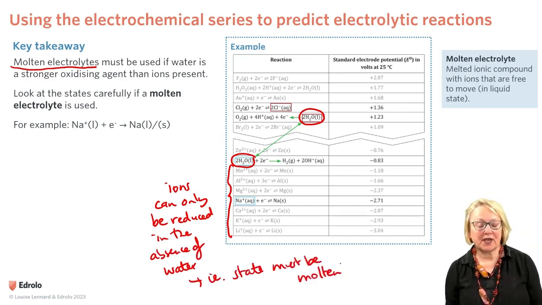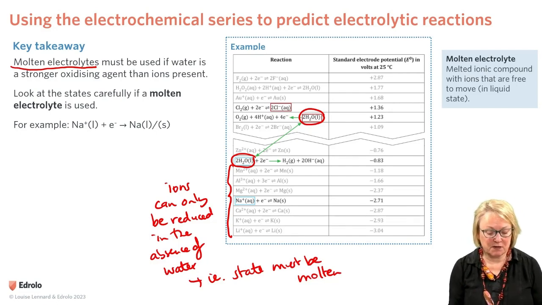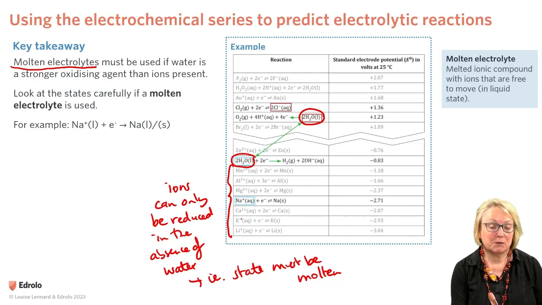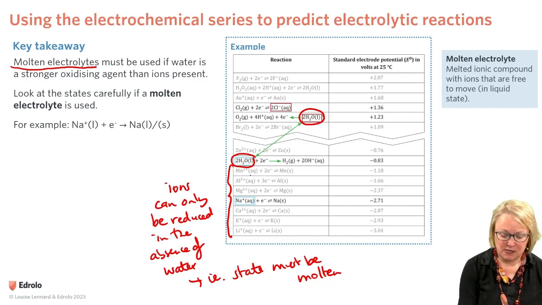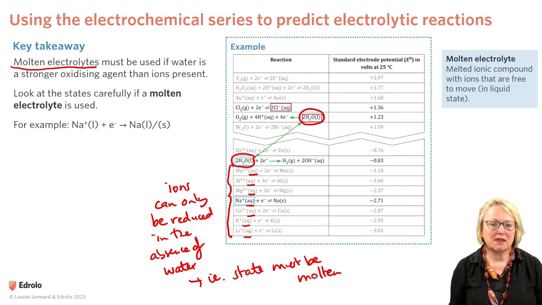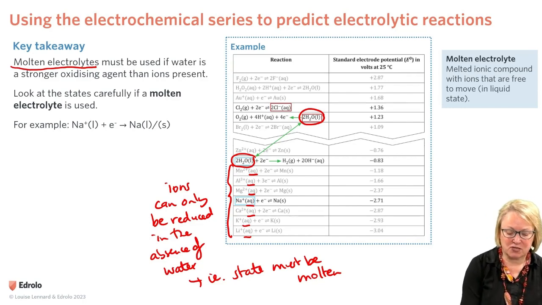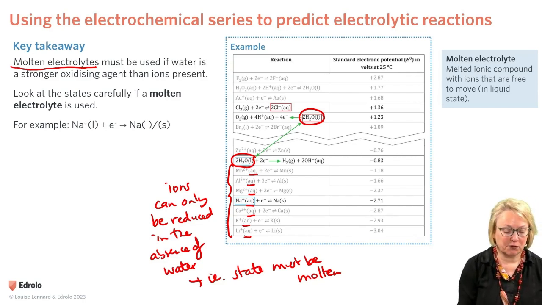That's because water is a stronger oxidizing agent than manganese, aluminium, magnesium, sodium, calcium, potassium and lithium ions. So look at the states carefully. Now, the electrochemical series lists these as aqueous, but if we've got aqueous solution, then the water will react in preference. So we want to change the state to be molten.